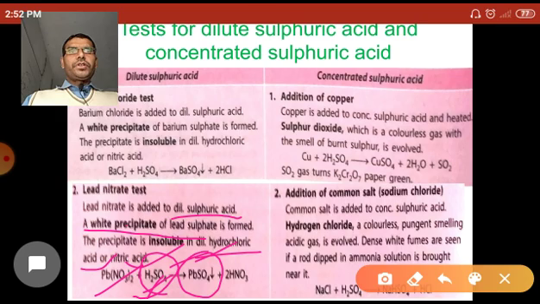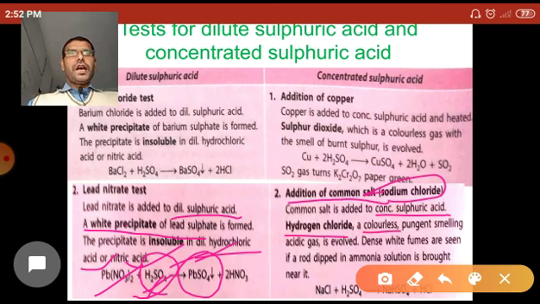Now the conc sulfuric acid test with the addition of common salt, sodium chloride. When common salt is added to the conc sulfuric acid, hydrogen chloride gas is produced, and this hydrogen chloride gas is a colorless gas having a pungent smell. Dense white fumes are seen if a rod dipped in ammonia solution is brought near it.